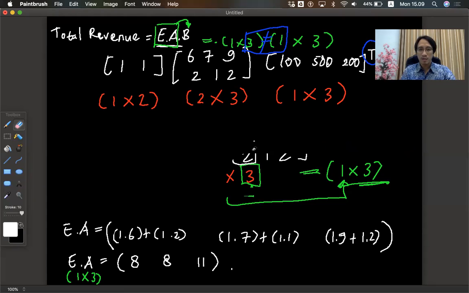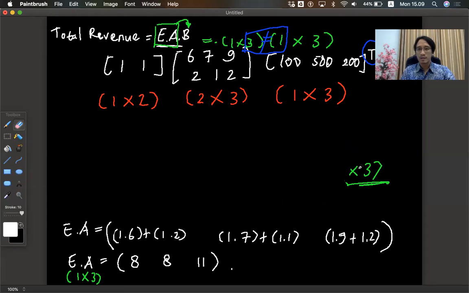So the most important thing or the keyword is to find the order first for the matrix multiplication. And then you need to compare the requirement and decide the result.